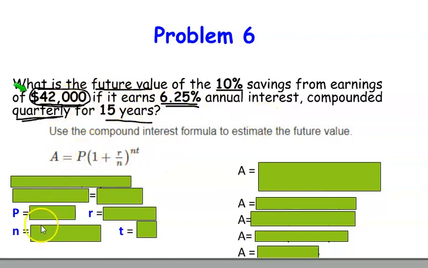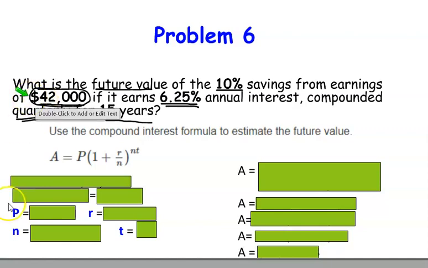Okay? So let's just start with the P. The P is the principal amount that we are saving. Uh-oh, I don't really see it in this problem. What I see is 10% savings from the $42,000 that she or he earns a year.